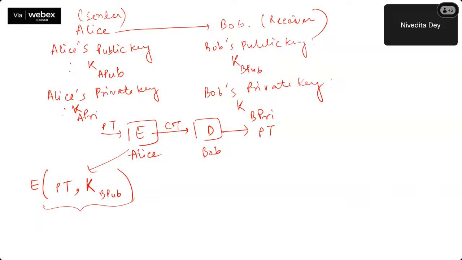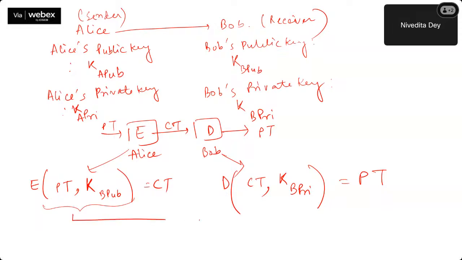Okay. So Alice will be using Bob's public key because she can use it, since it is available. It's a public key. That is why Alice is using B's public key in order to encrypt the data and then generate the ciphertext through the encryption algorithm. And Bob, on receiving it, will apply the decryption algorithm on the ciphertext that he has received, together with his own private key, K B priv, in order to generate the plain text.